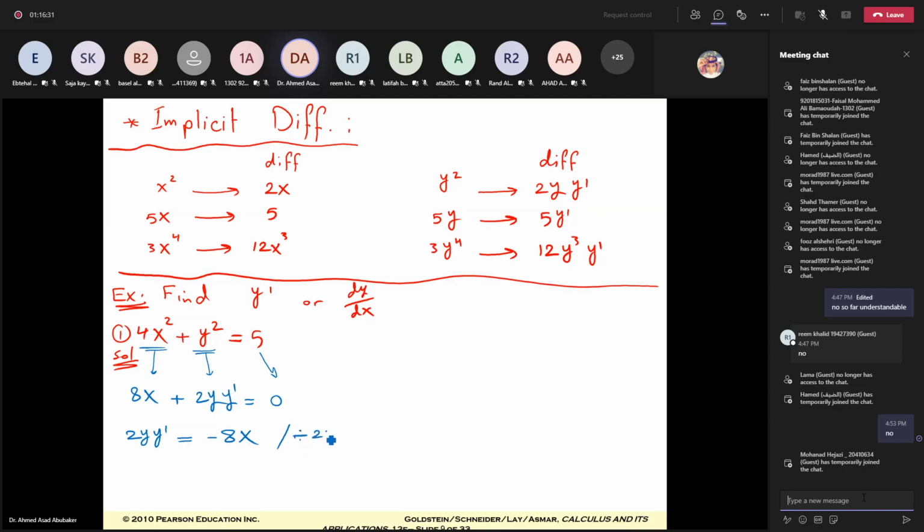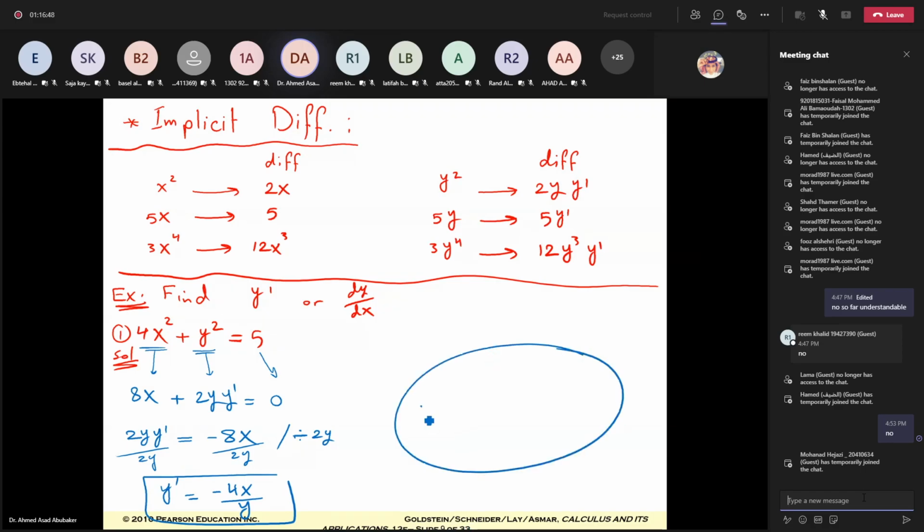Divide by 2y, so we have y prime equal minus 4x over y. So the value of y prime here equals negative 4x over y. This is the value of y prime.